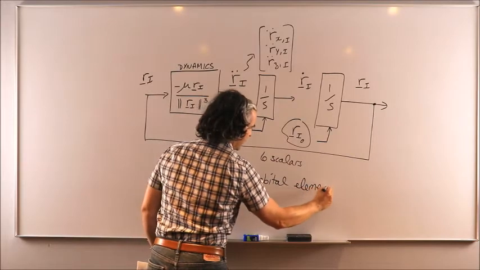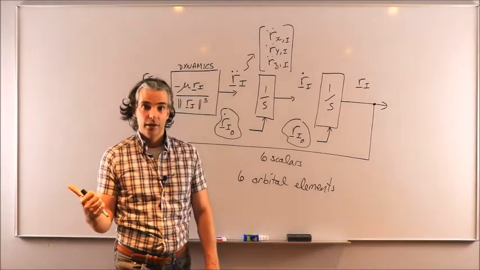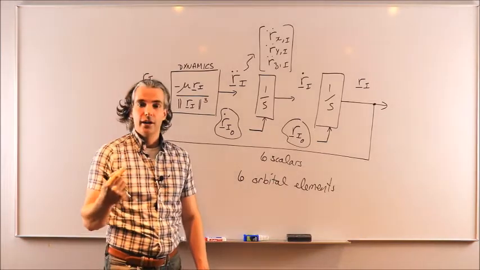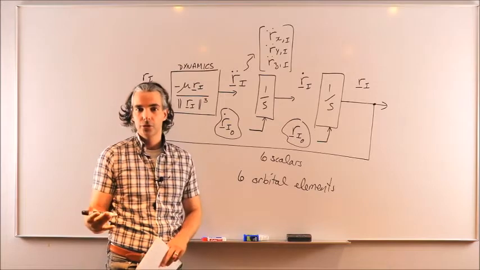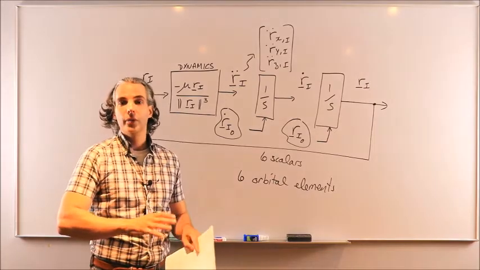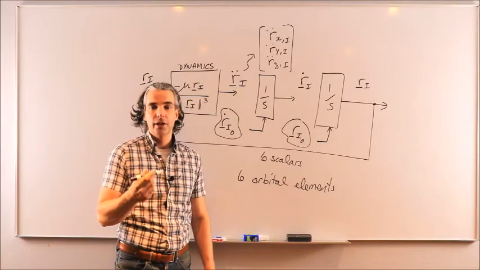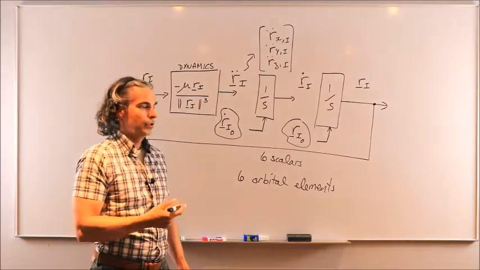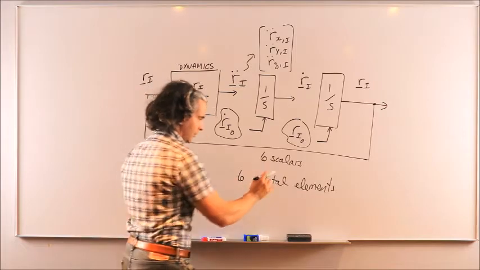Those 6 orbital elements are 6 scalars that define the size of the orbit, the shape of the orbit, the orientation of the orbital plane in 3D with respect to some inertial reference frame, and also the orientation of the orbit within the orbital plane. And the last orbital element is used to locate the spacecraft along the orbit. It could be the true anomaly, but here we're going to use the time of perigee passage instead as the 6th orbital element, okay? But we'll get to that in a second.